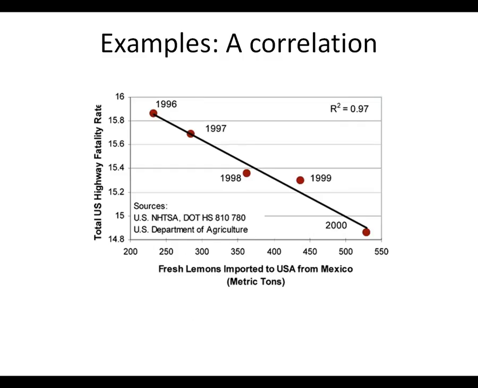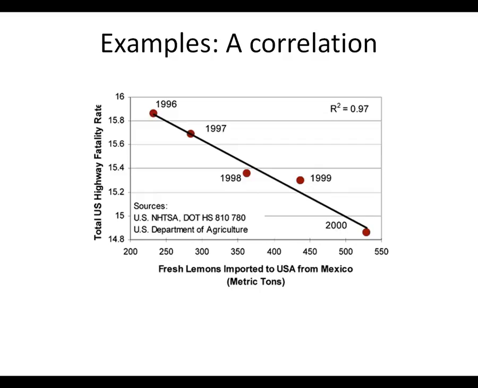So I want to show you an example of a correlation. Here are two things that happen simultaneously. For the years 1996 through 2000, which are discrete years, each year had two characteristics. It had the number of lemons that were imported to the U.S. from Mexico, and it also had with it the total U.S. highway fatality rates. That's typical of those years.